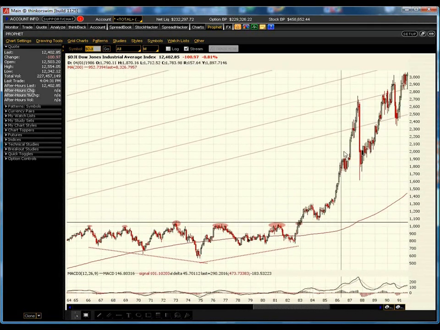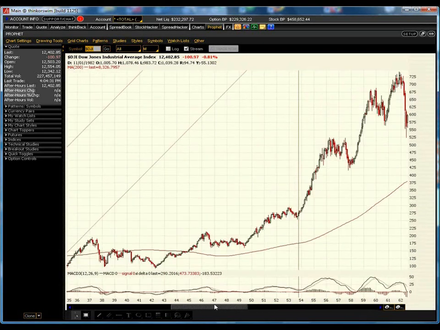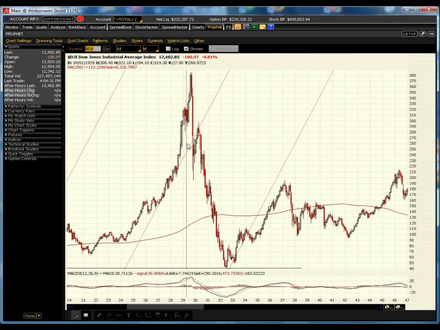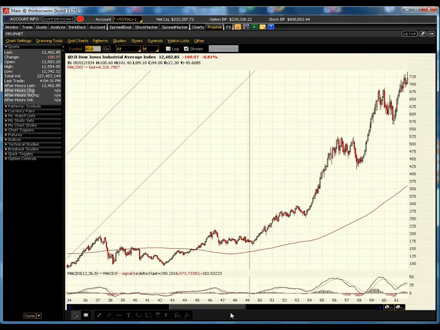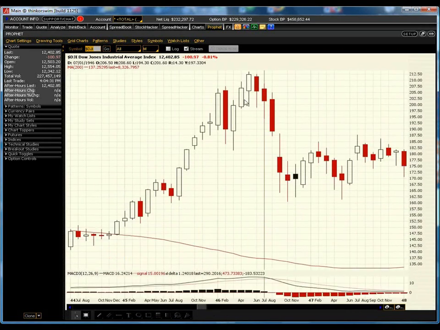Look at the exuberant run-up here. Have we seen this kind of run-up before? Yeah, we saw it a number of times. We saw it in 1929. We saw it in 1946. There's 29. There's 46.